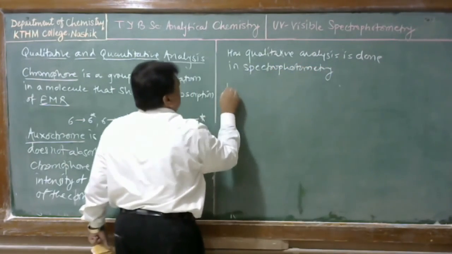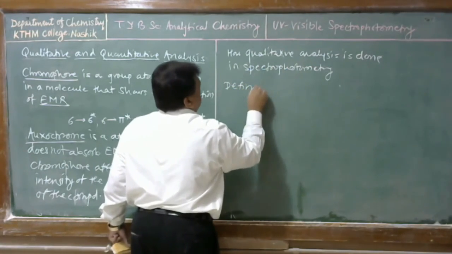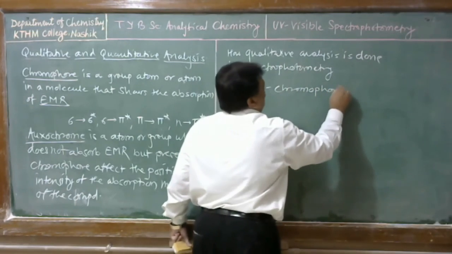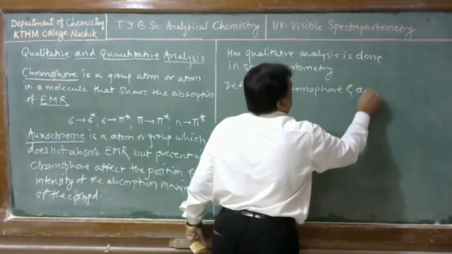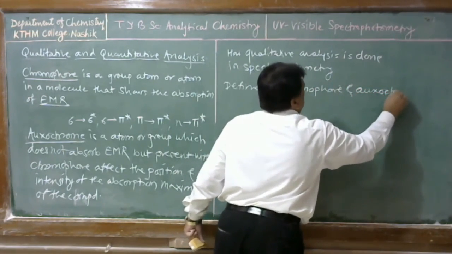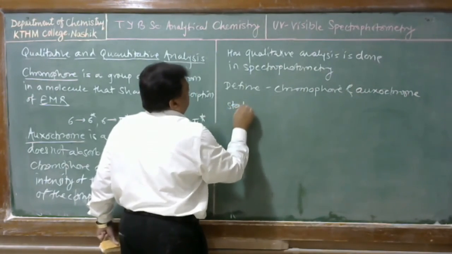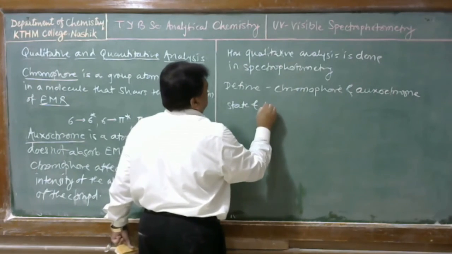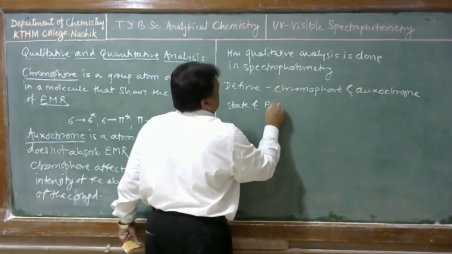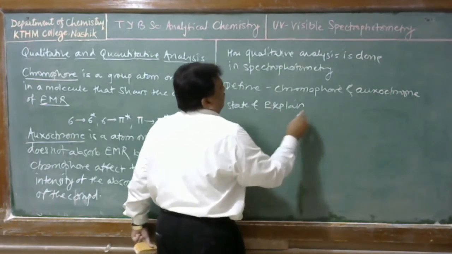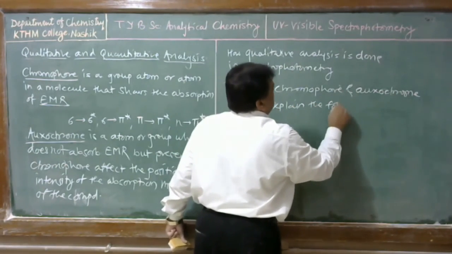Then define chromophore and oxochrome. Then state and explain the following terms with example.